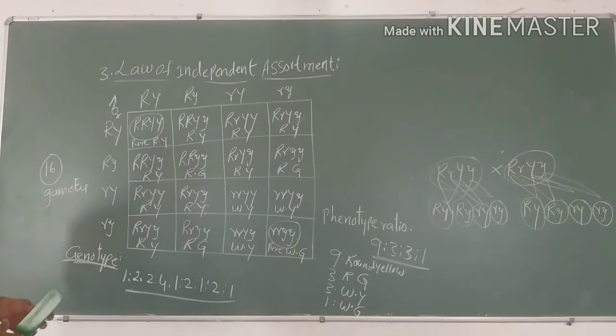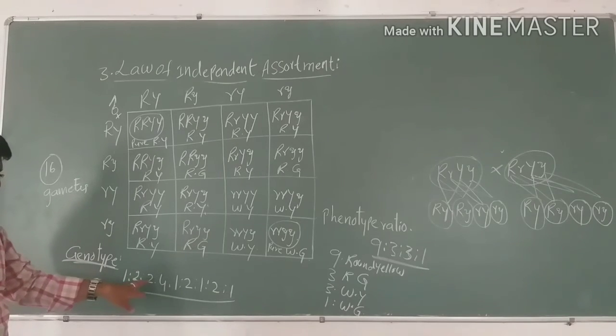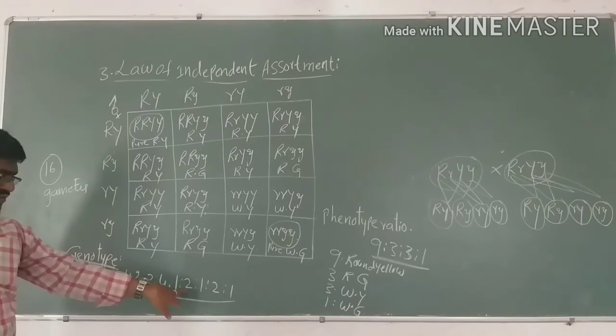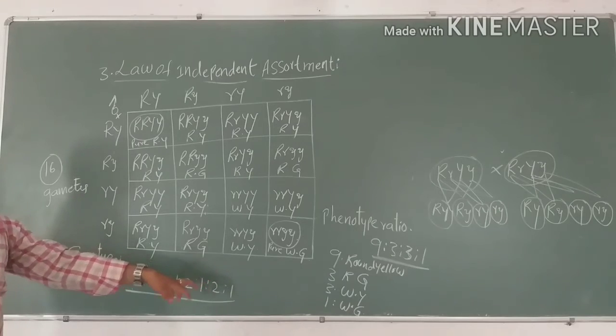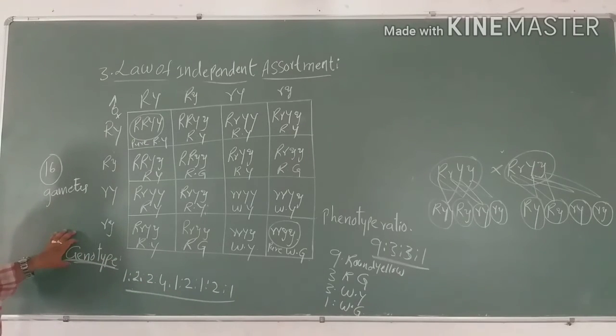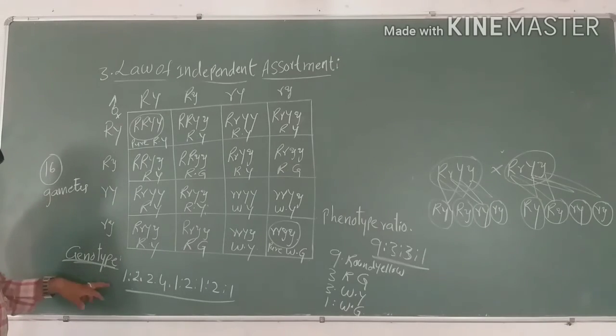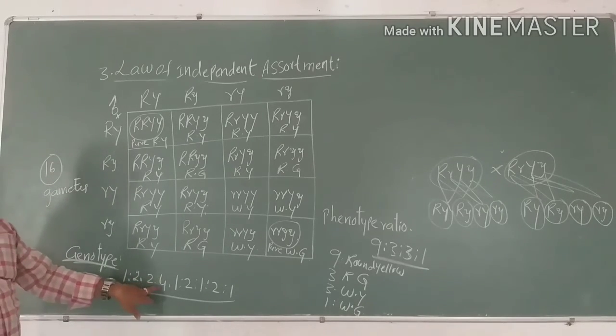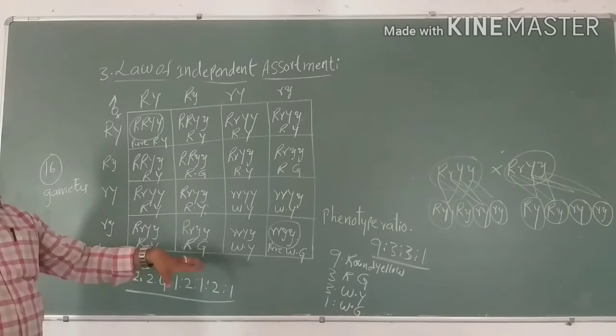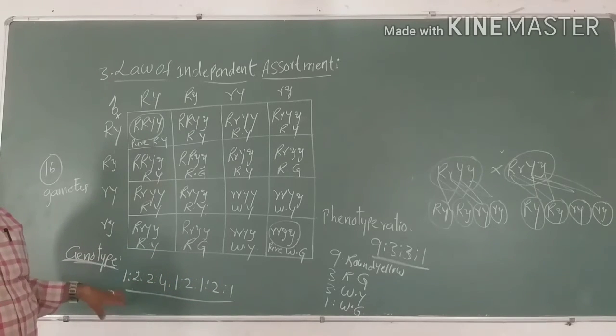Here the genotypic ratio will be 1:2:2:4:1:2:1:2:1, which we can call the genotype, the internal structure or internal constituent of a gene. How these are produced, we'll discuss now.